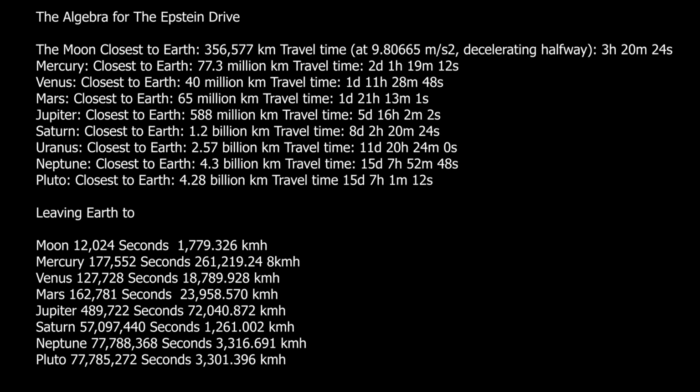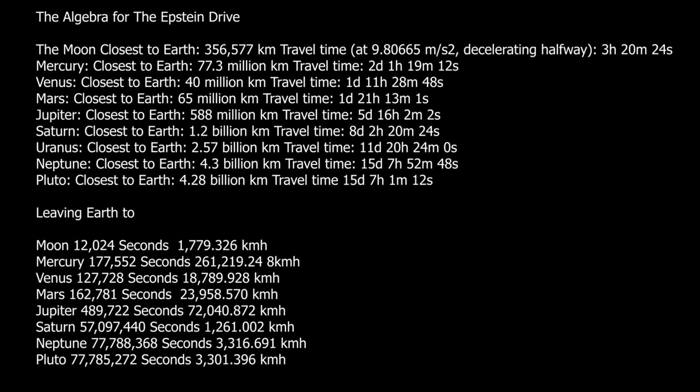Leaving Earth to Moon, 12,024 seconds, 1,779.326 kilometers per hour. Leaving Earth to Mercury, 177,552 seconds, 261,219.248 kilometers per hour.